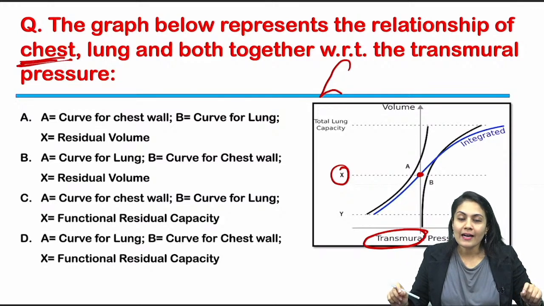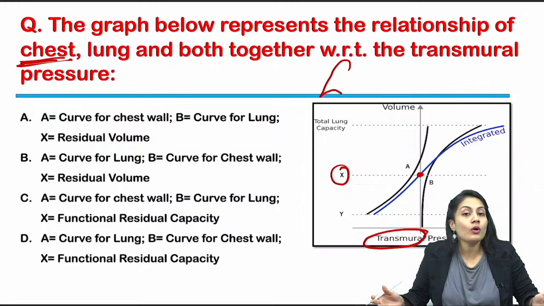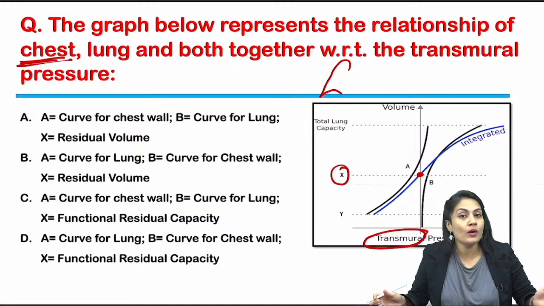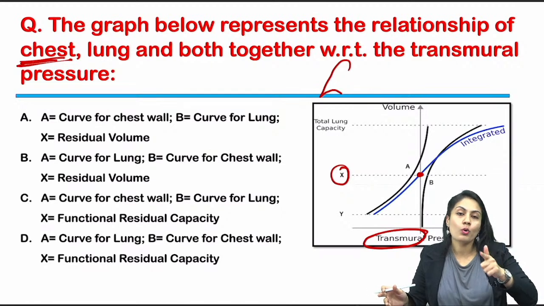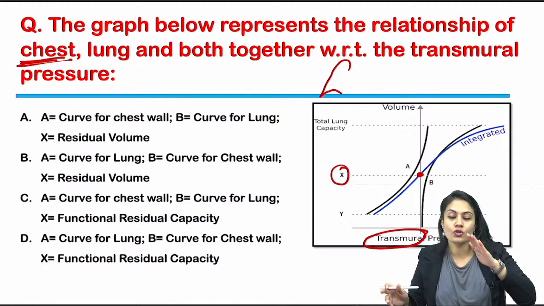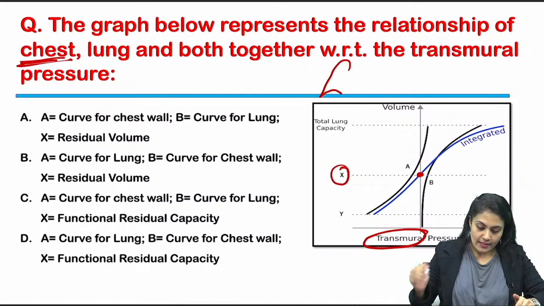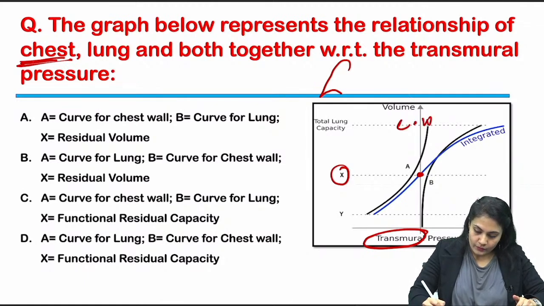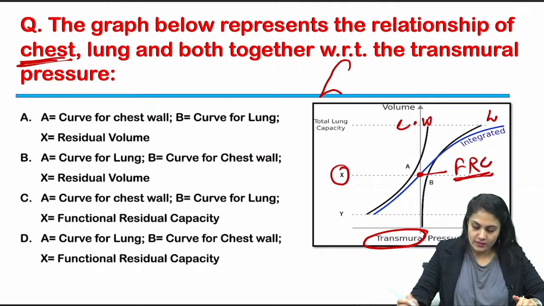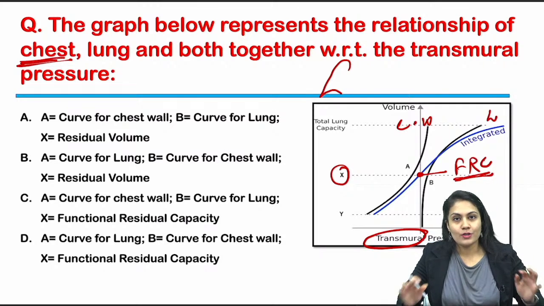At that time, we are not contracting any muscle, we are not using any ATP, and that's why this is known as relaxation volume, and the pressure at that point is called relaxation pressure, right? Over here, curve A is of the chest wall, curve B is of the lung, and this point is the FRC, that is the relaxation point.